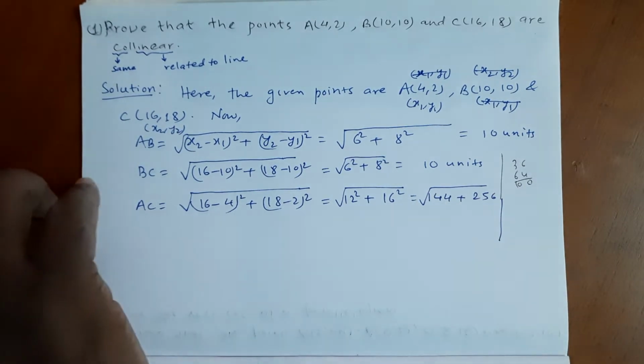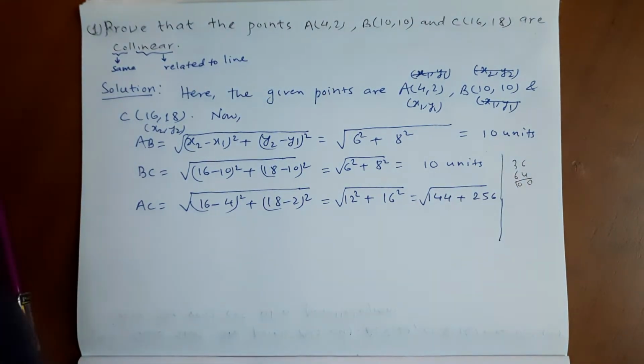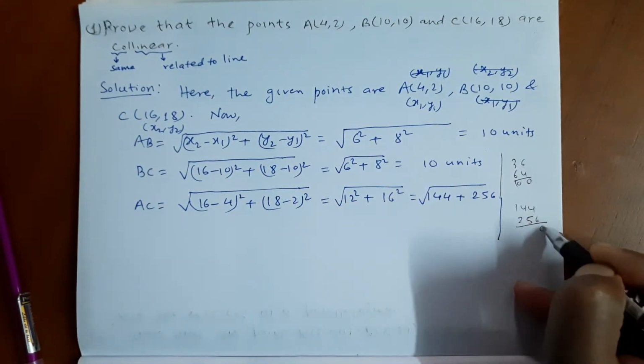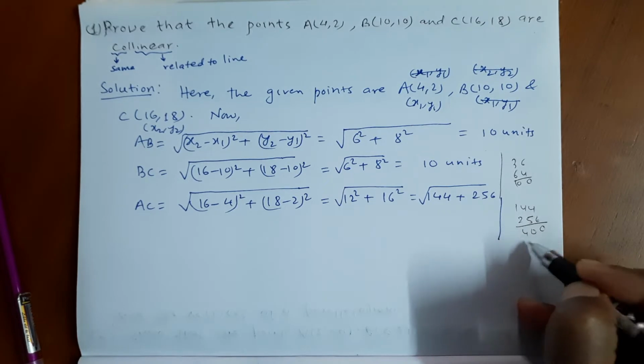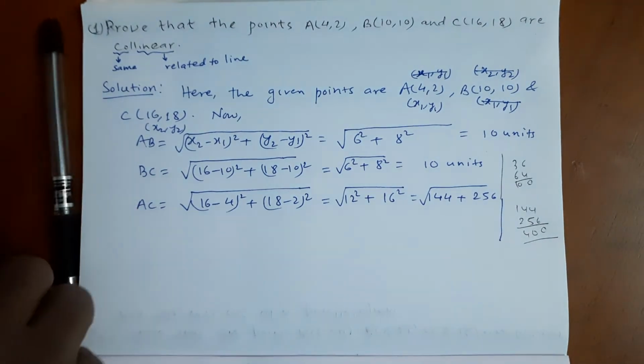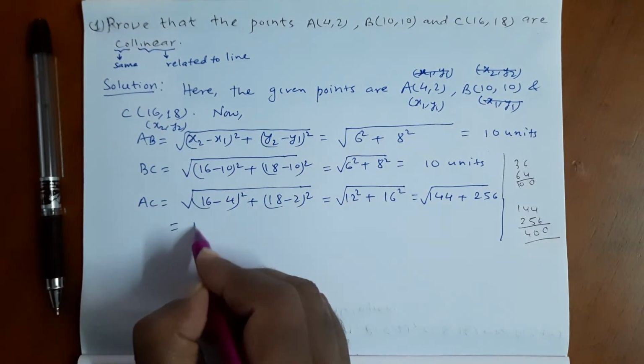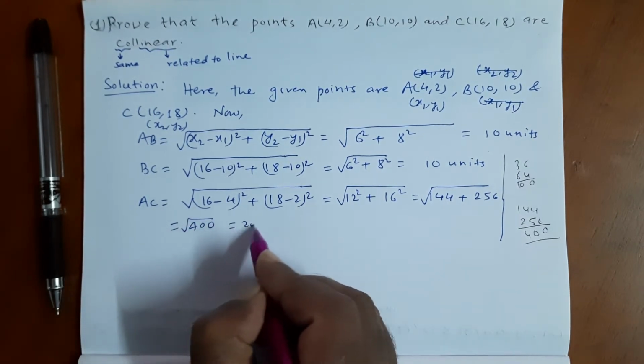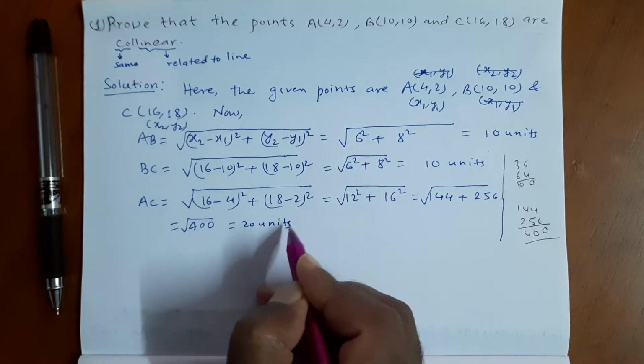Adding them together, 144 plus 256 is 400, and the square root of 400 will be 20 units.